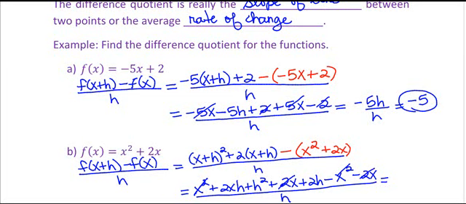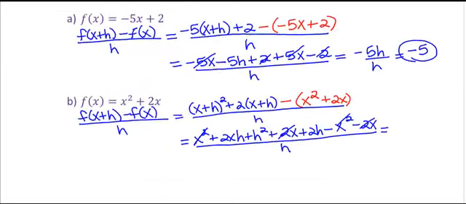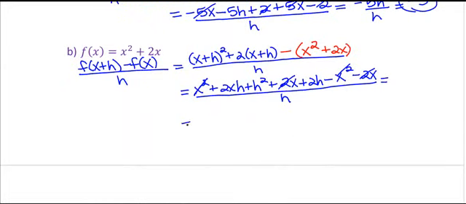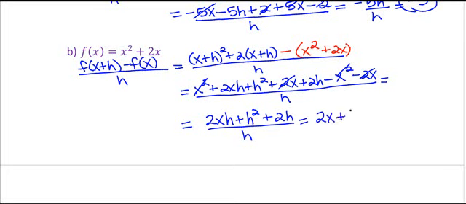So now we're left with 2xh plus h squared plus 2h all over h. Notice what happens, that there is a common h that I can divide out, and so we would get 2x plus h plus 2, and that would be my result.